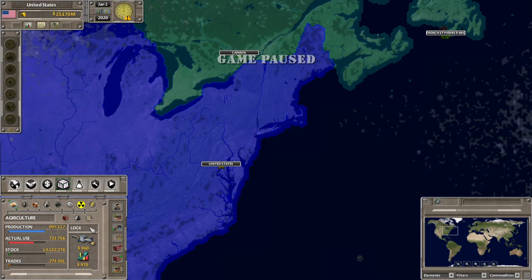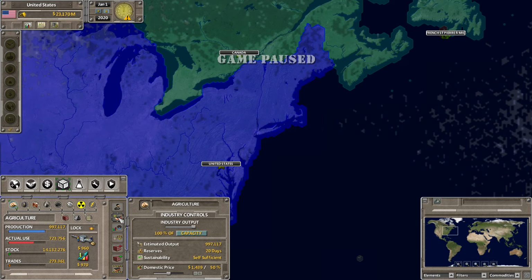Now, this can be a good thing or a bad thing depending on your economic situation. If your inflation is too high, you might want to end up raising taxes. If your inflation is really low, well then lowering taxes and trying to get your money by selling goods here. As you can see, there is a domestic price for goods. By selling goods instead, that will actually boost your inflation and maybe get you into a healthier economic position.